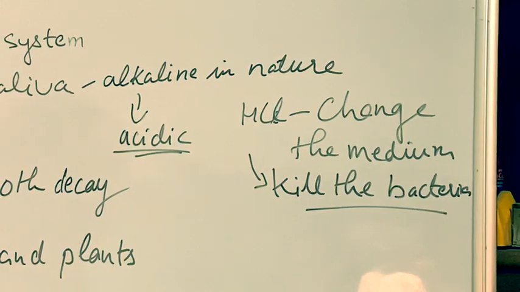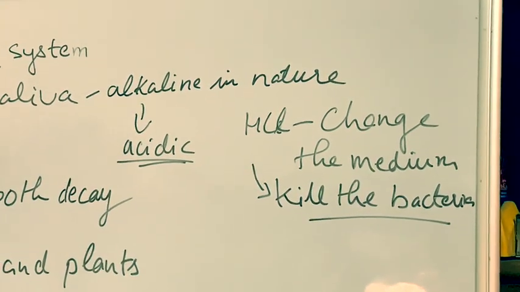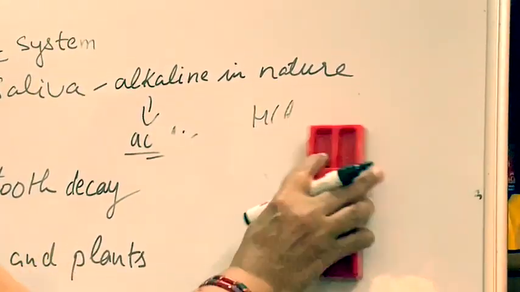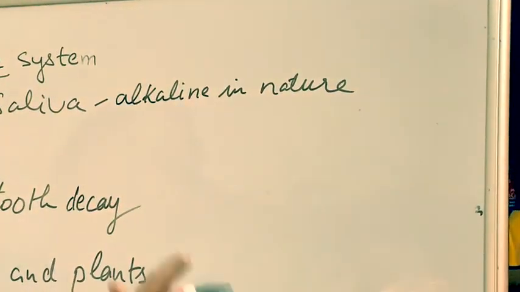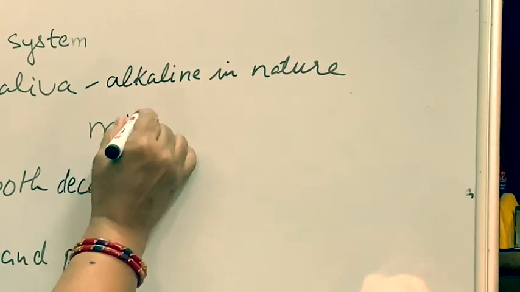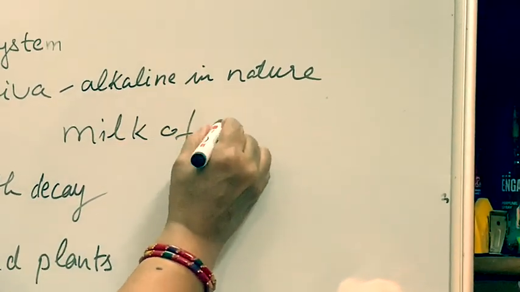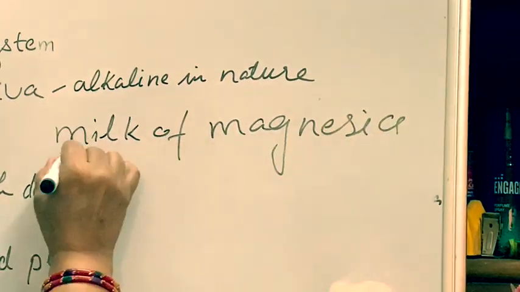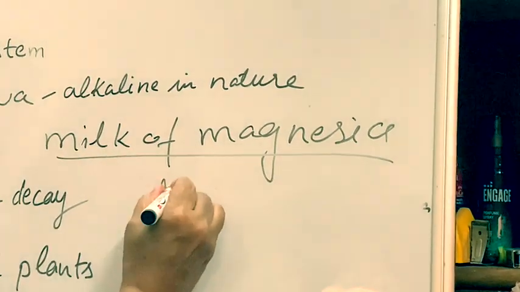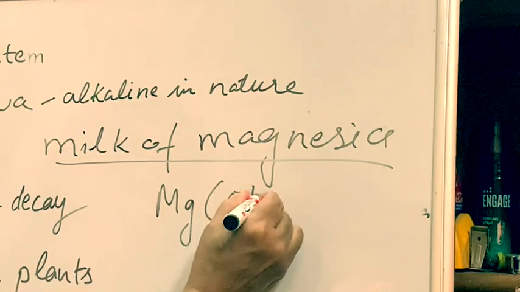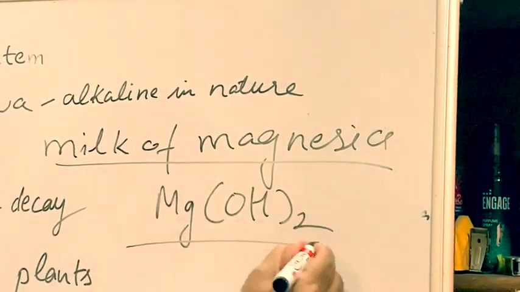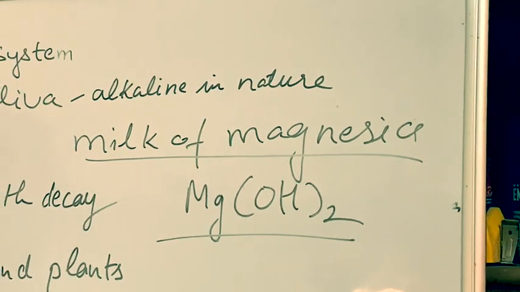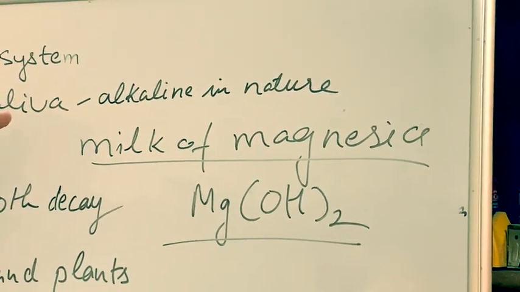To avoid this, we generally take an antacid to relieve the pain, and the most common antacid is milk of magnesia. If you remember from 8th class, it is nothing but magnesium hydroxide, which is basic in nature, so it neutralizes the effect of the HCl produced in the stomach.